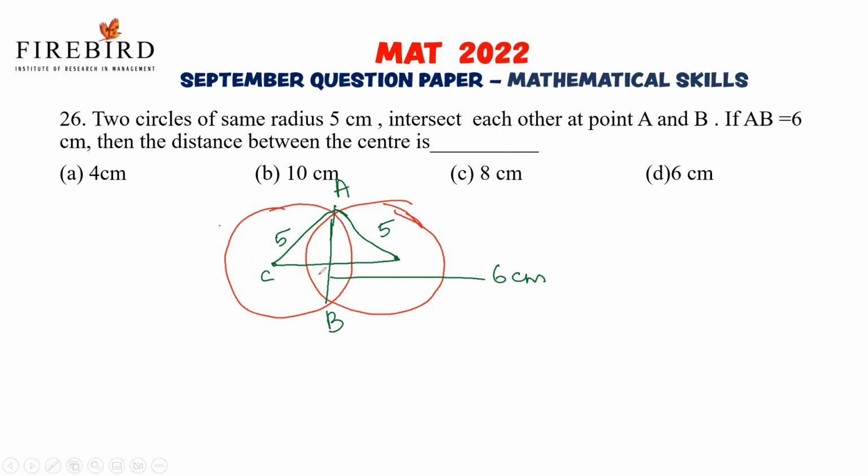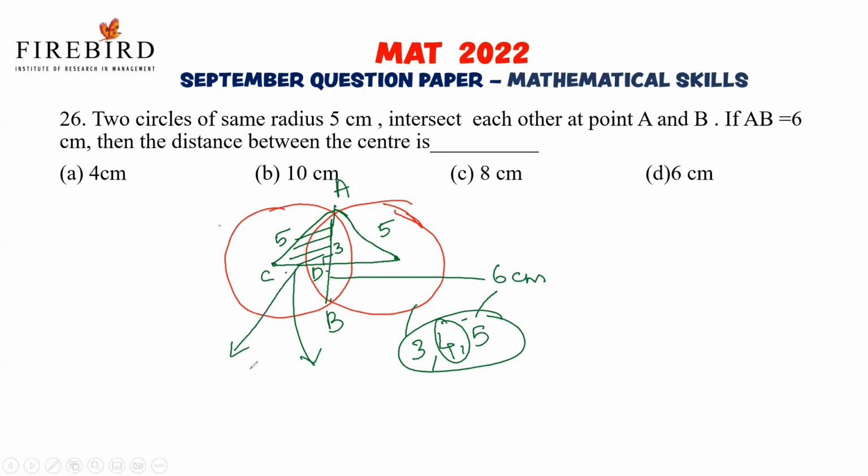So if I take C and this point D, see triangle ADC, it forms a triangle, right? Total distance is 6 centimeter and half of 6 is 3, so this value will be 3. Now we know the Pythagorean triplet, it is a right angle triangle. The triangle ADC is a right angle triangle, and 3 4 5 forms a Pythagorean triplet. So the other value will be 4. So 4 centimeter is the distance between C and D.